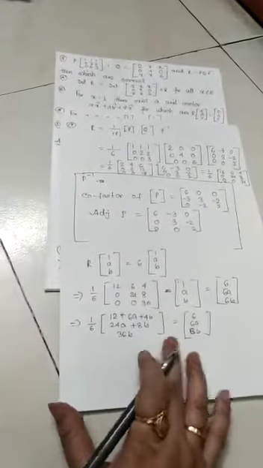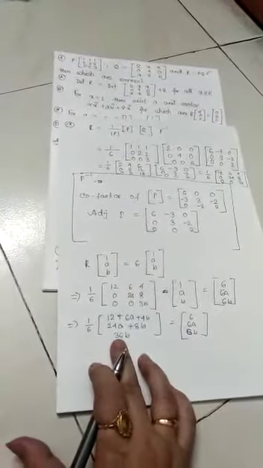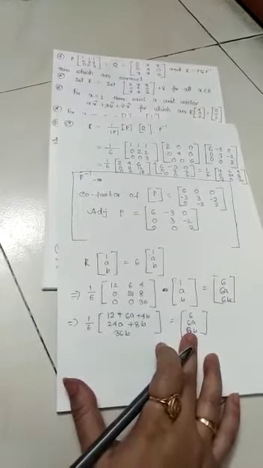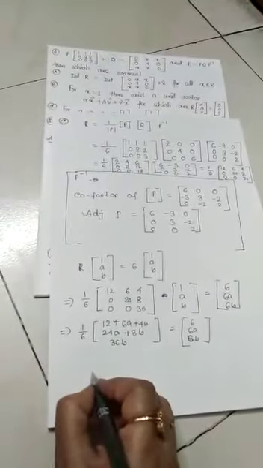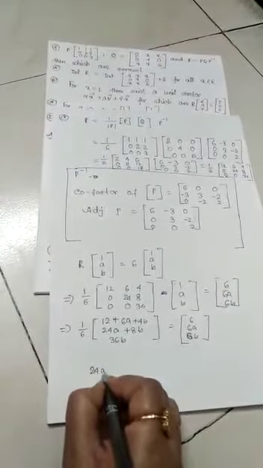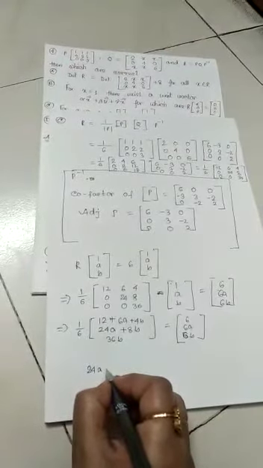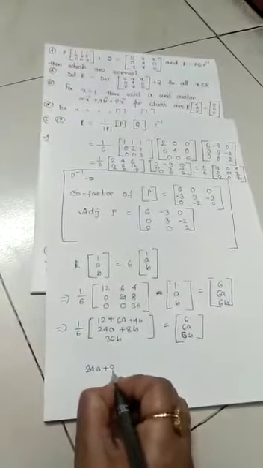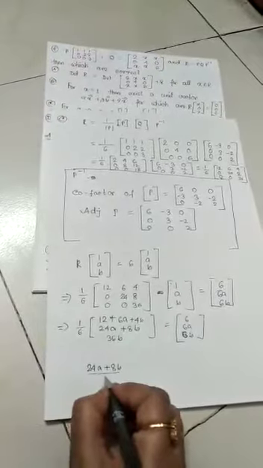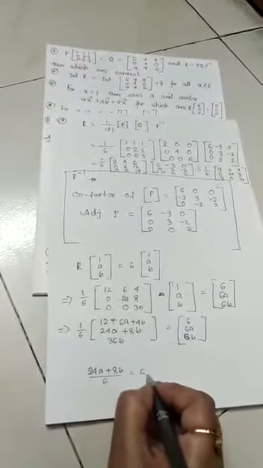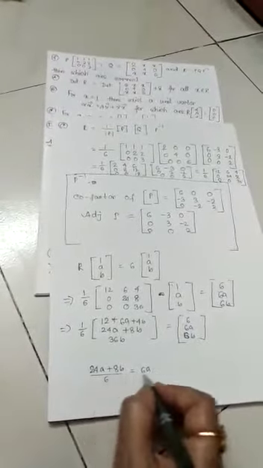Now comparing, omitting the third, 24A plus 8B divided by 6 is equal to 6A.